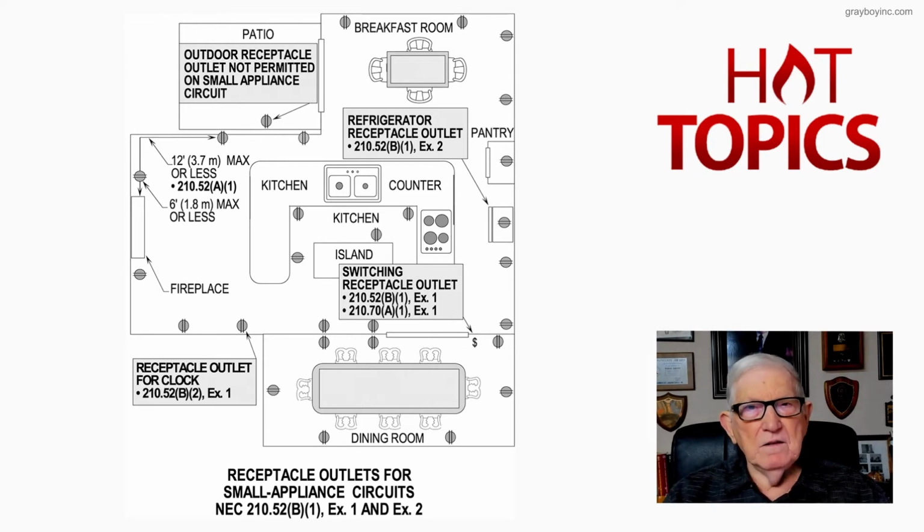And then again, not being too repetitious here, but to determine when you've exceeded your square footage and you need 3, just take a 20 amp circuit breaker times 120 volts to ground, divide it by the 3 VA per square foot that we find in 220.14J, and you come up with 800 square foot. So you have to have 2 small appliance circuits for this area: kitchen, pantry, dining room, and breakfast room.